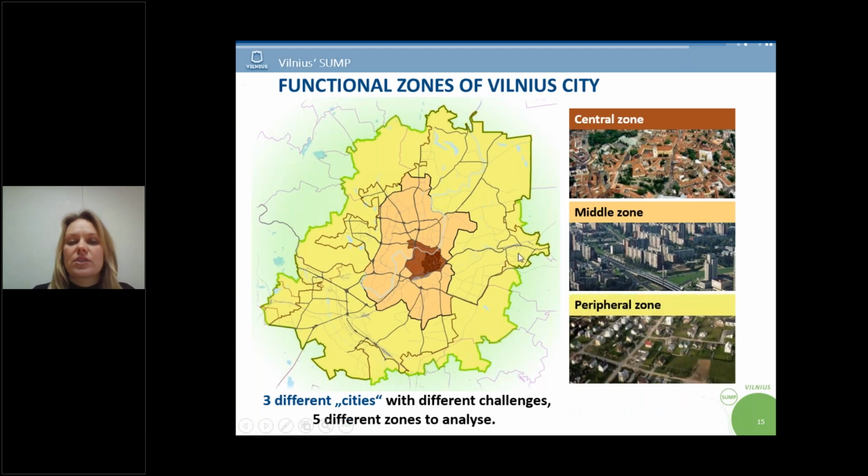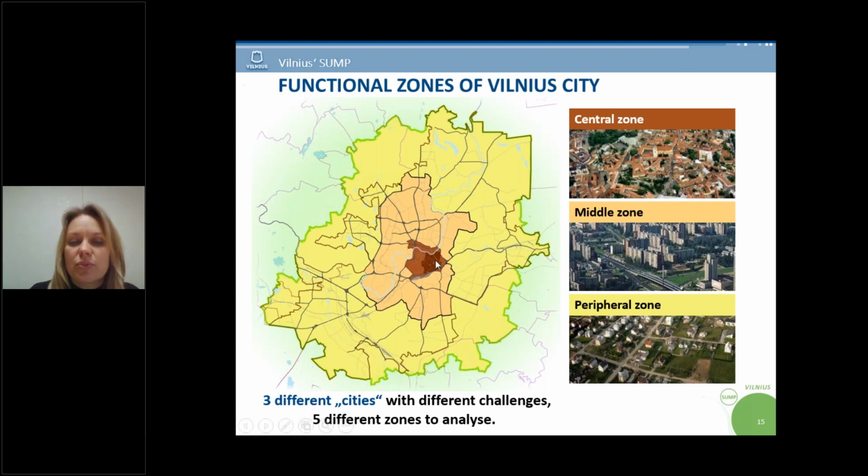We see Vilnius as something really bigger, and we had kind of 3 different cities in the city, and in general we have 5 different zones to analyze and to suggest. So that's why our methodology was differing and our measures were differing from part to part.